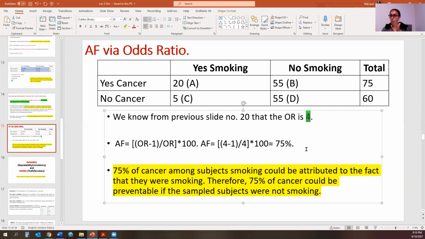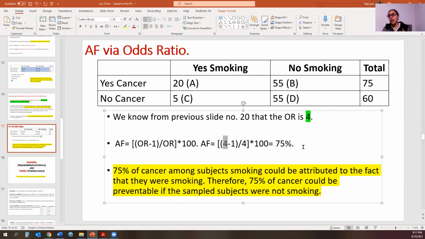It helps me to map the slides in my head. So now you have the odds ratio of 4, which we know for this example. I input this odds ratio here, which is 4, and then everything is the same: 4 minus 1, divided by 4, which is your odds ratio, times 100. What do you have? 75.